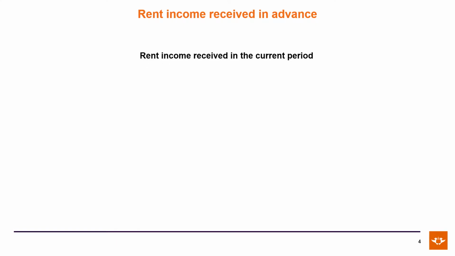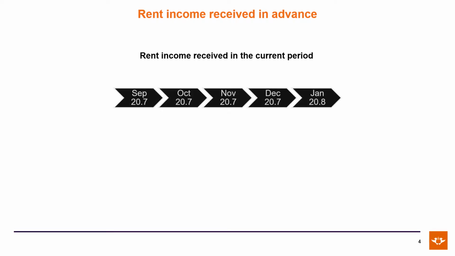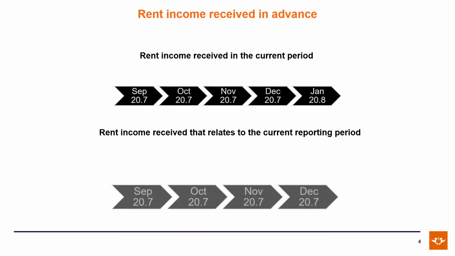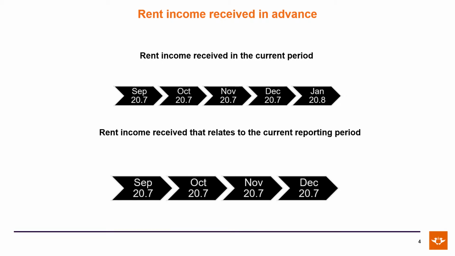Now, the rent income received for the current period starts from September, the current period, up until January 2008, which is part of the next period. But the rent income that relates to the current period is only from September, October, November, December.